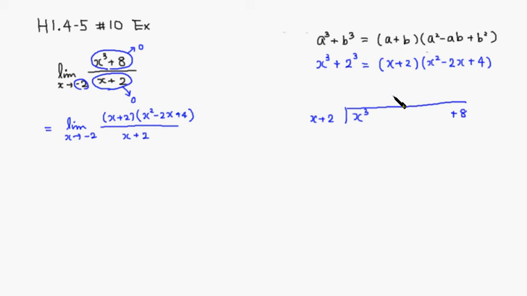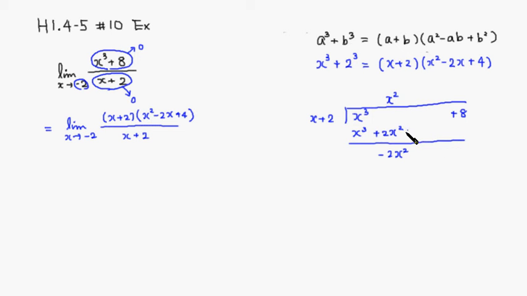That would be x squared. So I'll put x squared here. Then x times x is x cubed, and 2 times x squared is 2x squared. Go through a subtraction: that's 0, and that's going to be negative 2x squared.